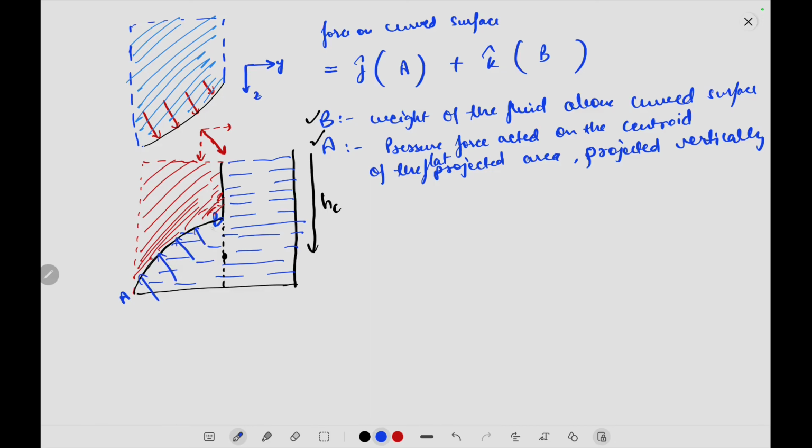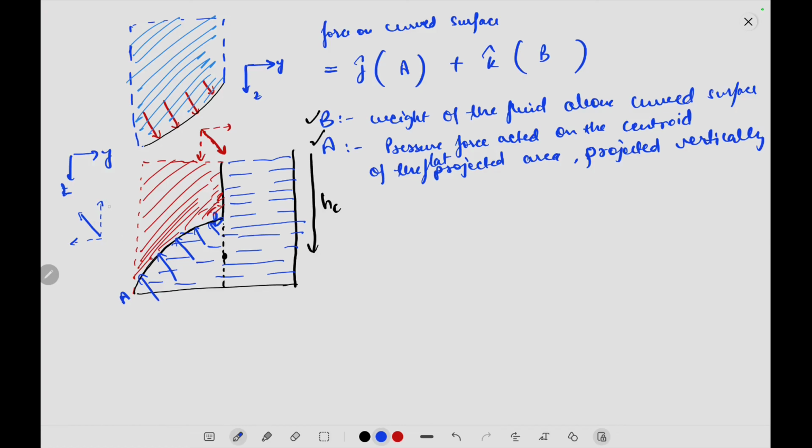So to know the vectors beforehand, you can simply resolve this pressure force vector just like this, and let's say the coordinates are the same coordinates we used here. So let's say this is Z and this is Y. What would be the directions?